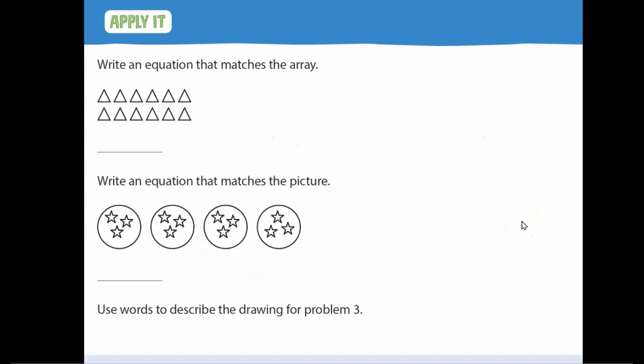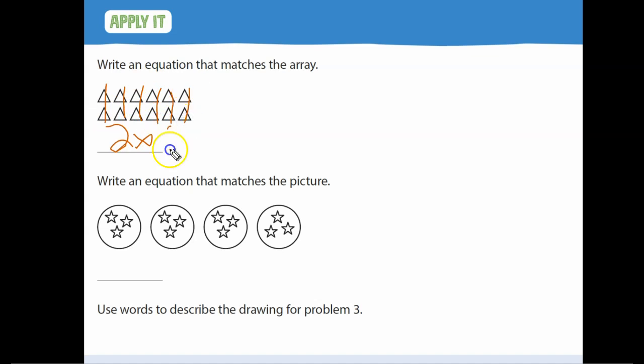All right, it says write an equation that matches the array. Now, what are we doing? Addition, subtraction, or multiplication? Multiplication. Okay. How many rows do I have? 2. And how many columns? 6. 1, 2, 3, 4, 5, 6.